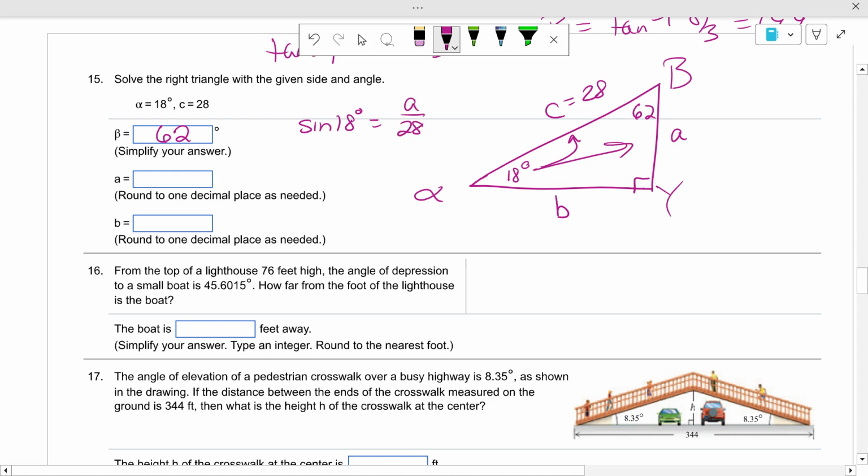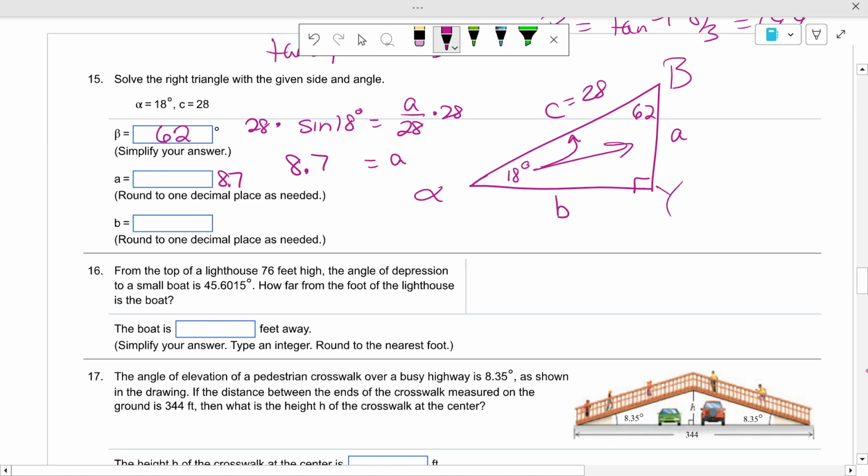How do I get a alone? Multiply by 28. So 28 times the sine of 18 is what, to the nearest tenth? 8.7. So a is 8.7.